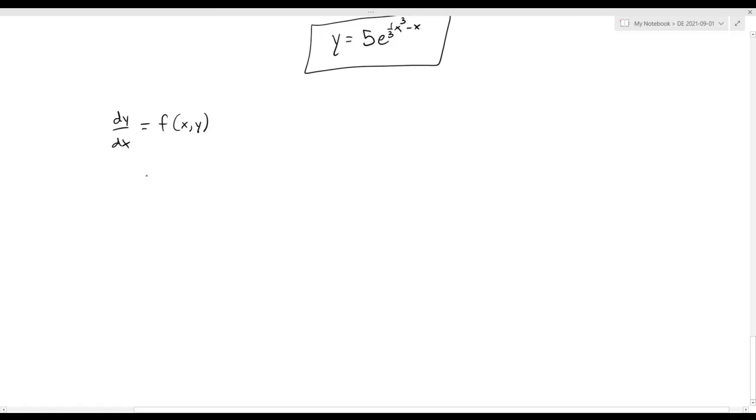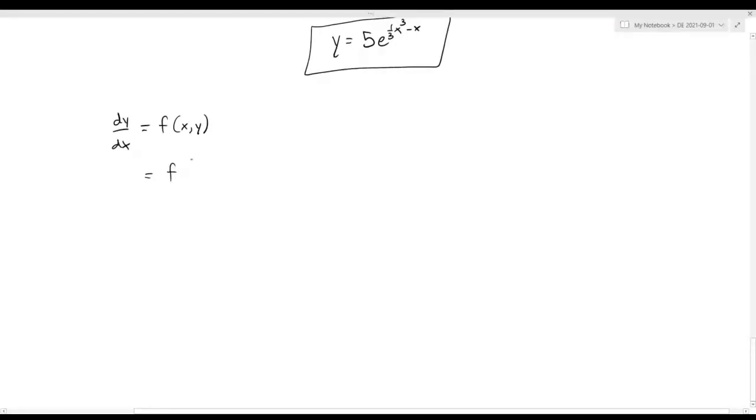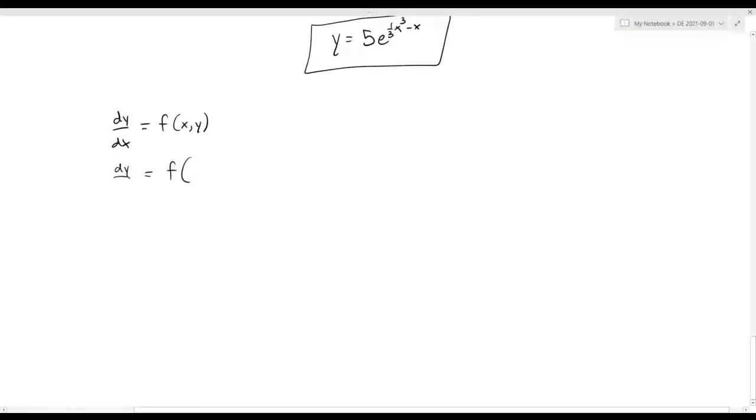For example, you might see that the right-hand side can be written as not just a function of x and y, but rather of the ratio of y to x. Or in another type of differential equation, you might recognize that you have some combination of x and y.